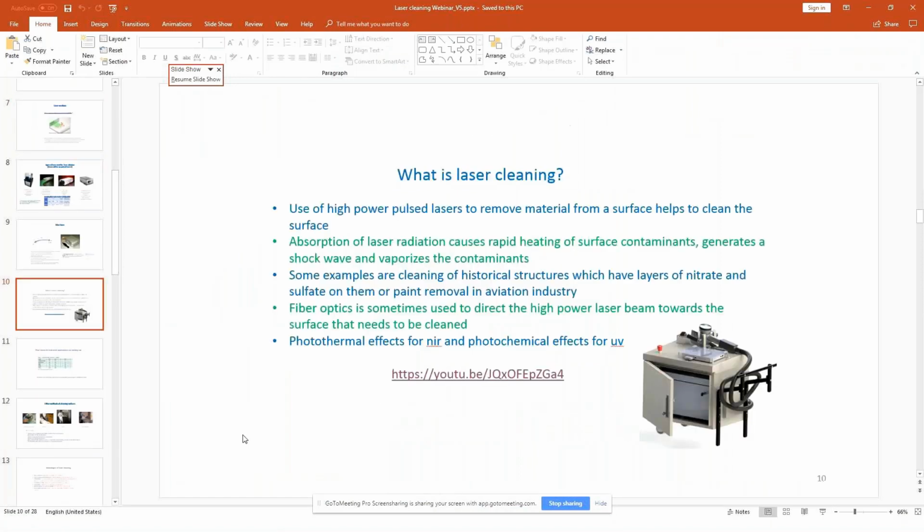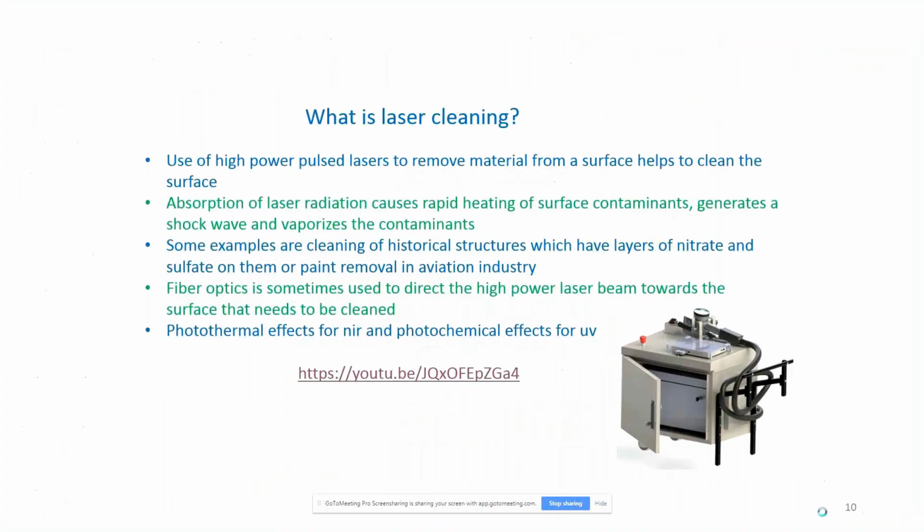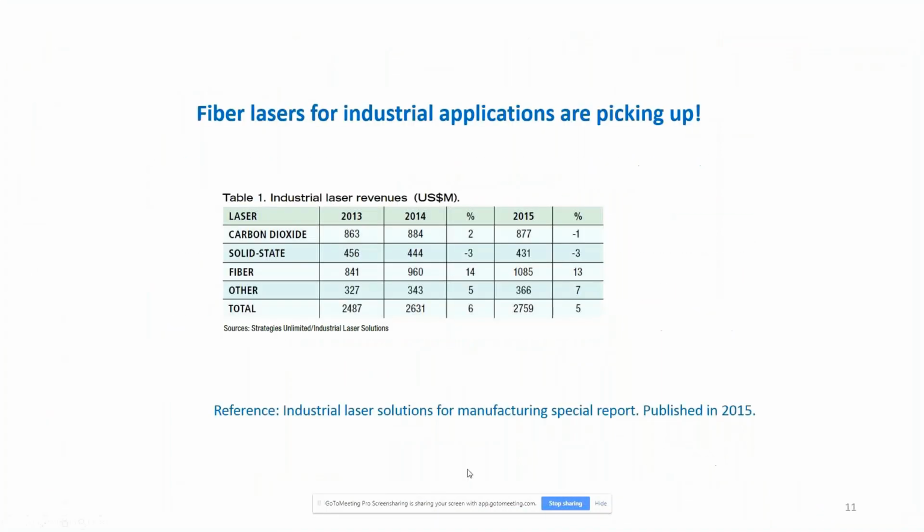Next, fiber lasers are becoming more popular in the industry. Here is a chart from Industrial Laser Solutions for Manufacturing, a special report published in 2015. Several types of lasers are listed here: carbon dioxide, solid state, fiber.